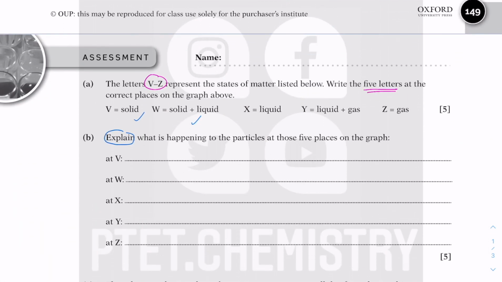Explain what is happening to the particles. So they're not asking you to state the process. They're asking you to explain what is happening to the particles at these 5 places.